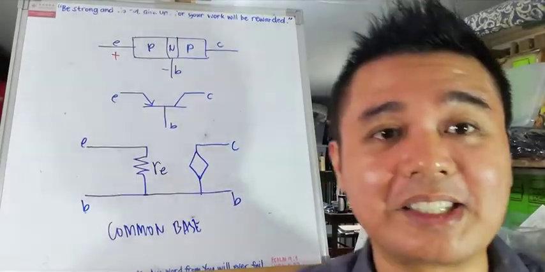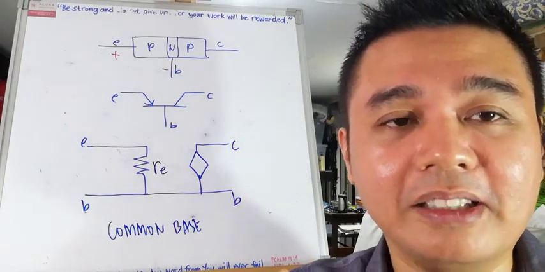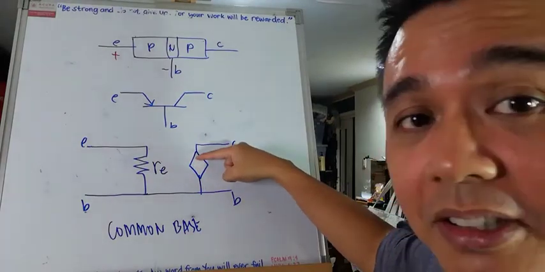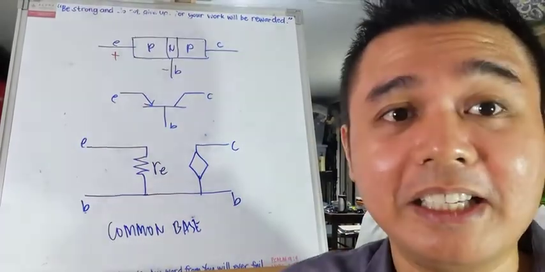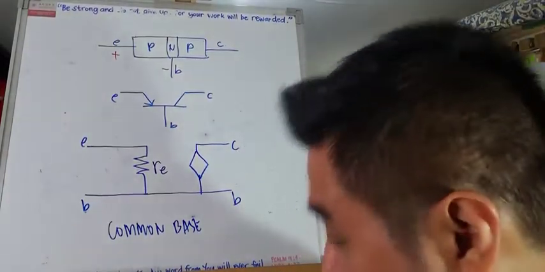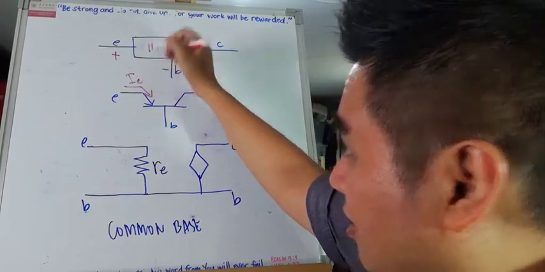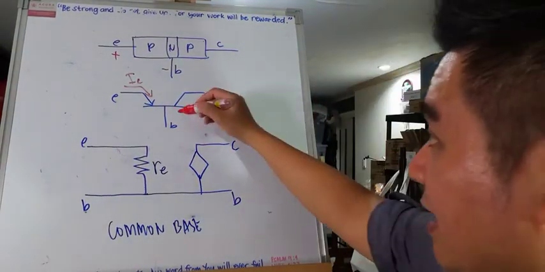But the question is, ano ang direksyon ng ating dependent current source? Yung arrow ba natin dapat ay pataas or dapat pababa? Ang ginagamit natin ngayon ay PNP. Alright? So, ibig sabihin, papasok yung I sub E and yung dalawang kuryente natin, I sub B and I sub C, ay palabas.